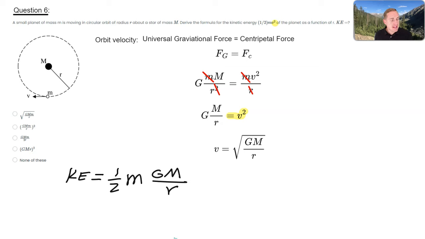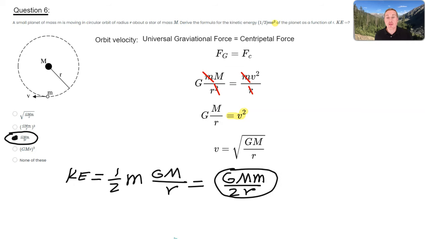So let's clean this up. Let's put the 2r in the denominator because they multiply, and then big G out front, capital M, and then lowercase m, just so it looks like one of the answer choices. Or sorry, just this third choice down, I meant to say. Just this third choice down is big G, capital M, lowercase m over 2r. And that should be the equation for the kinetic energy.